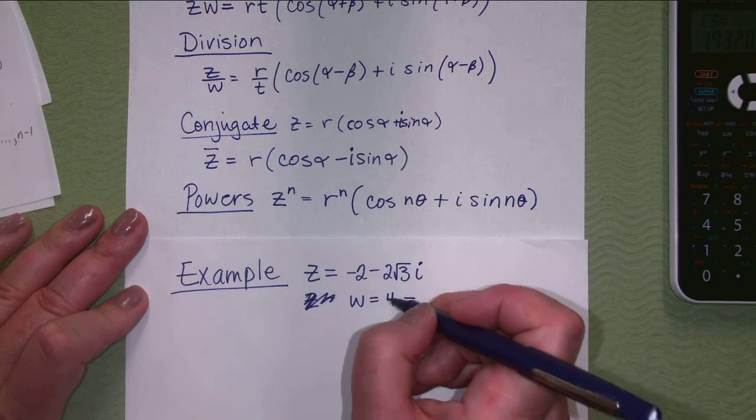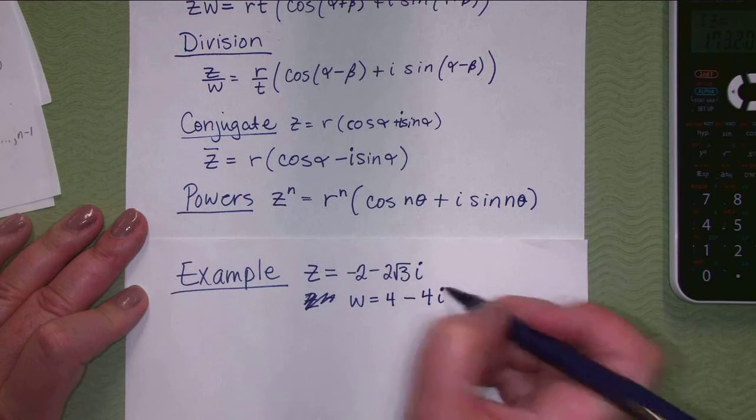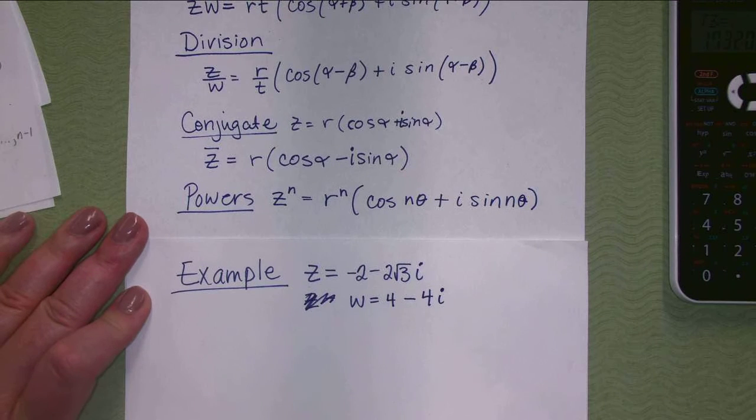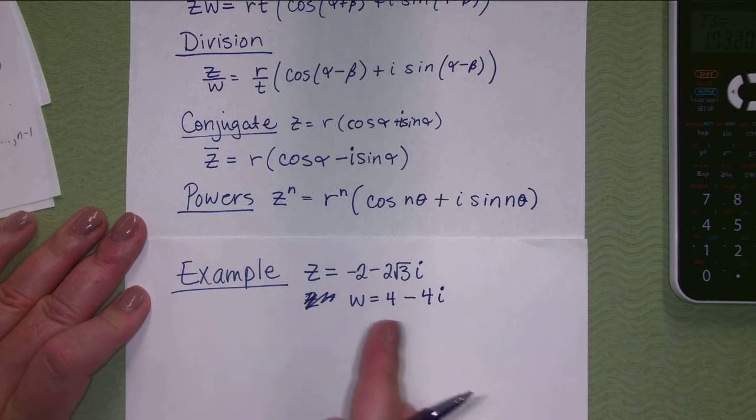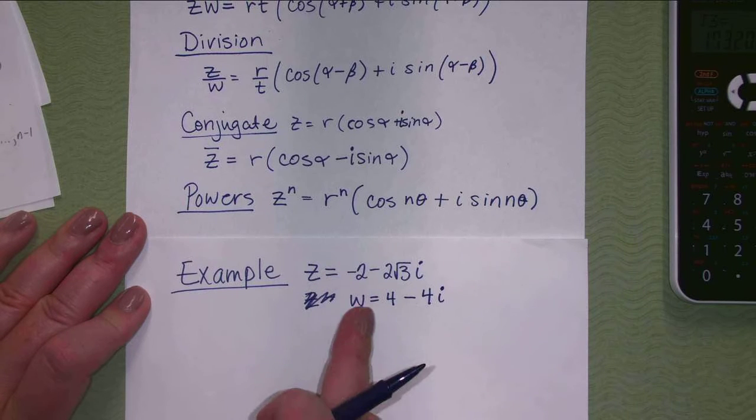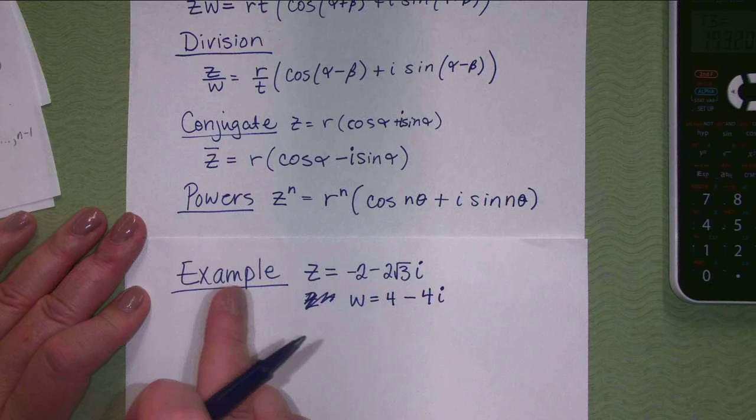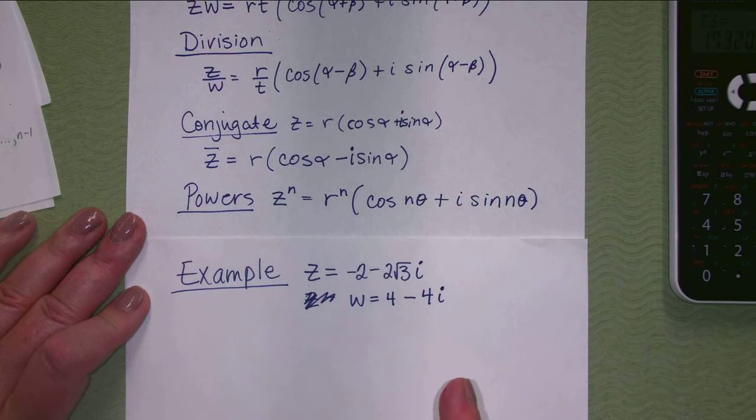Okay, so here's two complex numbers. So what we did last class was we multiplied them by FOILing. We divided them by using the conjugate. We didn't do a power because that would be too long. So we're going to first convert them to polar form.